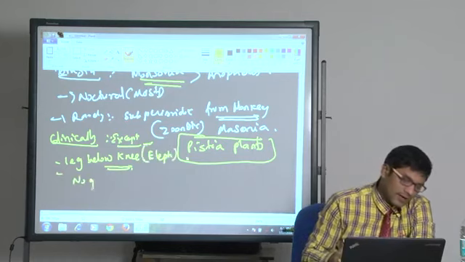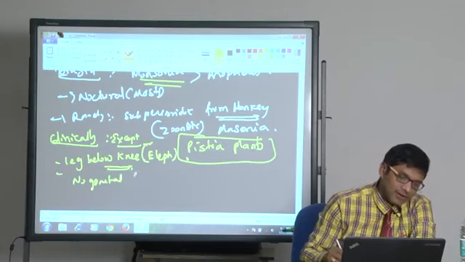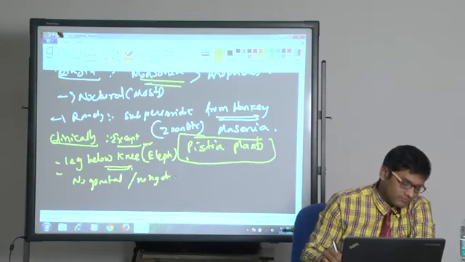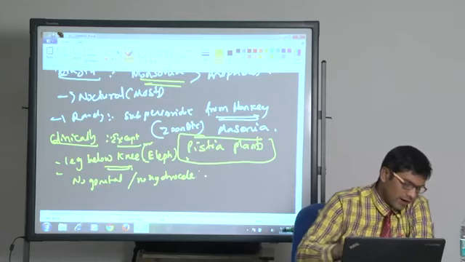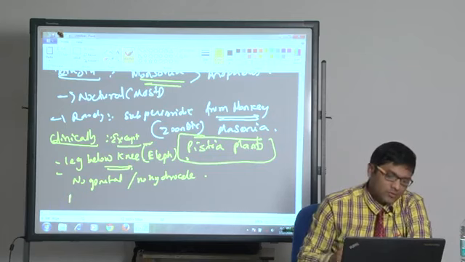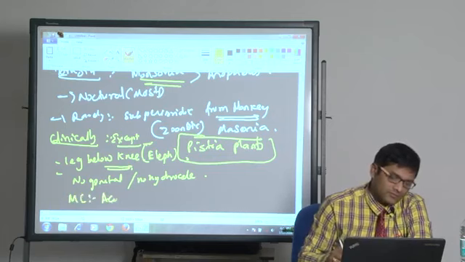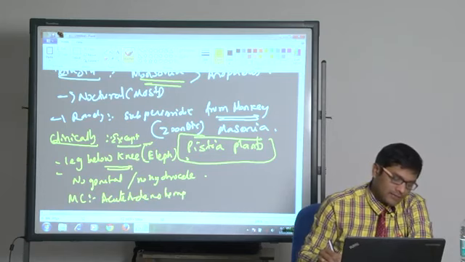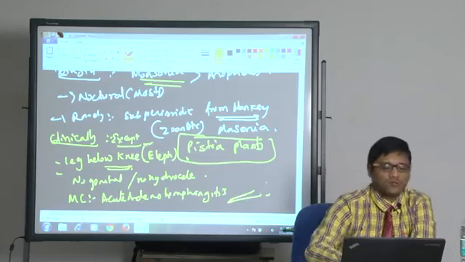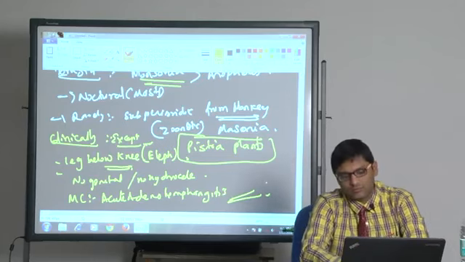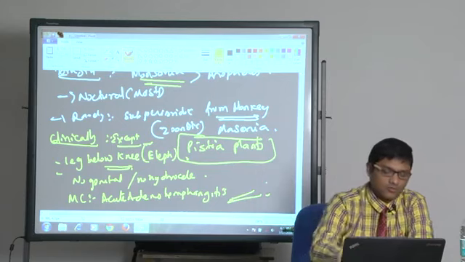There is no genital involvement, that is, there is no hydrocele. Okay, so acute adenolymphangitis is the most common manifestation. Okay, so this is all about Brugia malayi.